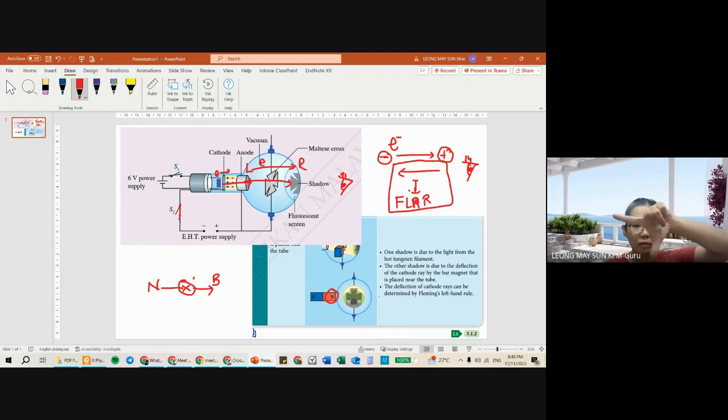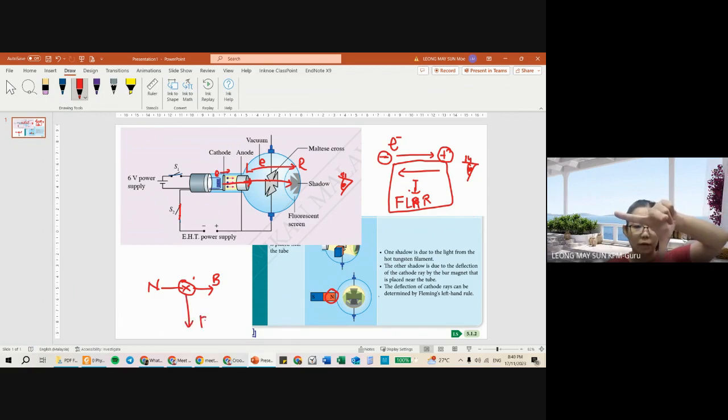All of you can try this out: current pointing into the screen, because that's where I'm drawing my picture right now, and the magnetic field pointing from north to south. My thumb automatically points downwards.